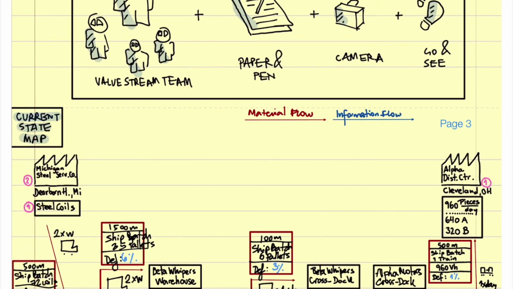So information leads material, not the other way around. Anyone in the world can move material around effectively somehow, but it is way more difficult to move information effectively. The reason is that information cannot be seen. So our most important concern as supplier managers is to understand the information flow.